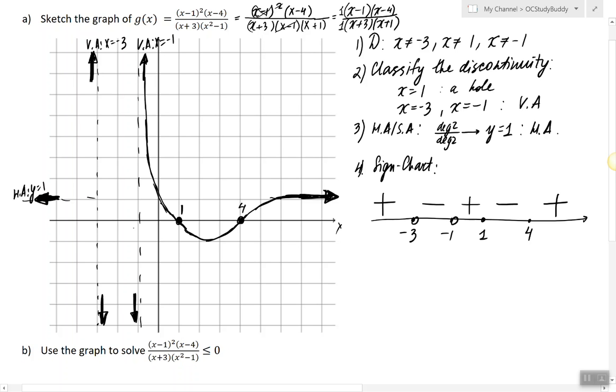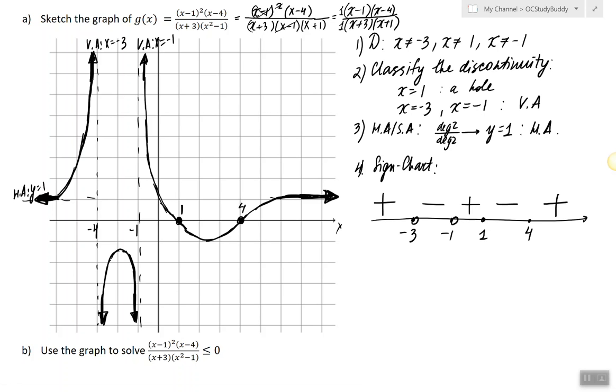On the other side of -1, it appears from the bottom, turns around somewhere before hitting the x-axis because there are no x-intercepts, and goes to -infinity at -3. Appears on the other side and goes to the horizontal asymptote. So this is the sketch of the graph of this function.